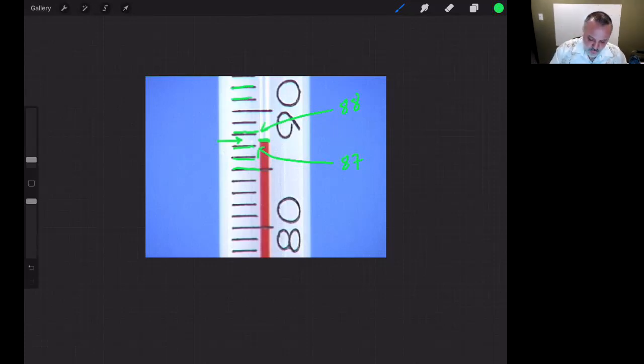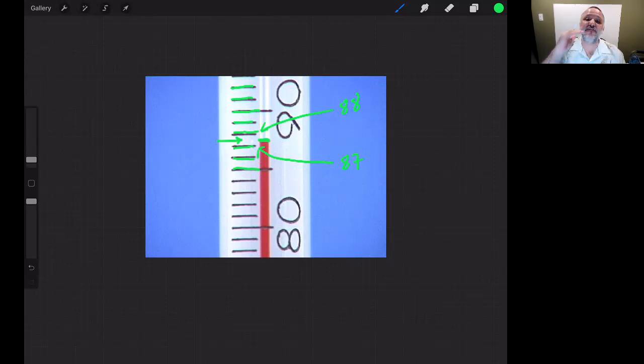So the graduation of this particular instrument is every 1 unit, 1 degree, if it's a thermometer. So where does the precision lie? The precision lies in between the smallest graduation. Why? Because you can use your eyeballs and see that the value is not 87, it's not 88, it's in between.